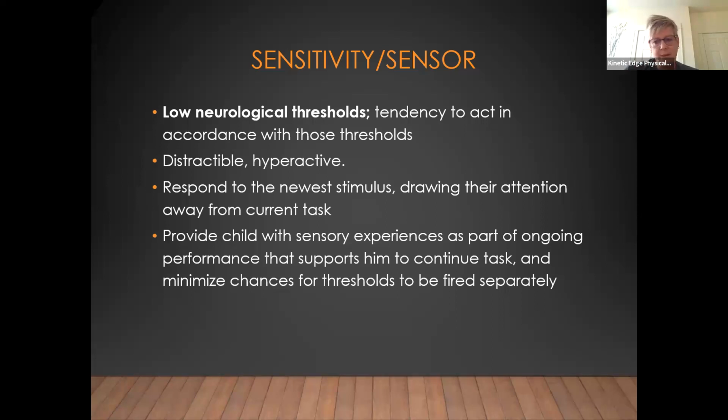And so they may be working real well on individual seat work, and then somebody gets up or drops a pencil, and now all of a sudden their attention is drawn away from what they're doing, and it is drawn to whatever just happened. And so with these kids, we want to support that sensory threshold, and provide them with opportunities to maybe lessen some of that sensory input so that they can continue with their task, and continue to be focused.